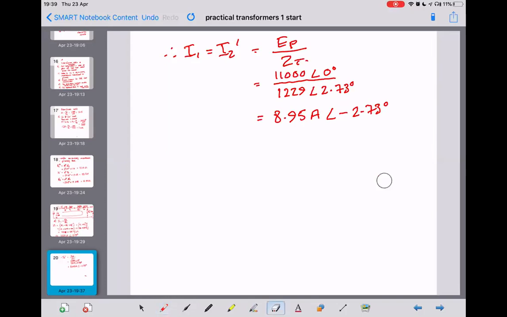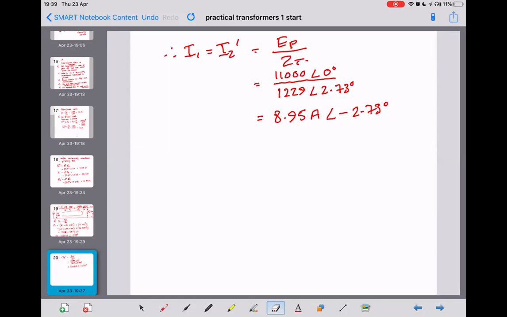And we know it's inductive, and therefore the current lags the voltage, which is what we would expect. So looking back, how much current do we have in the secondary side on full load? Is it 250 amps? Yeah.